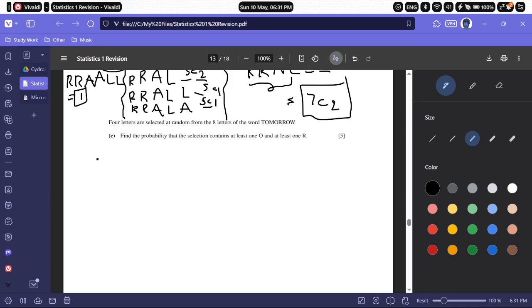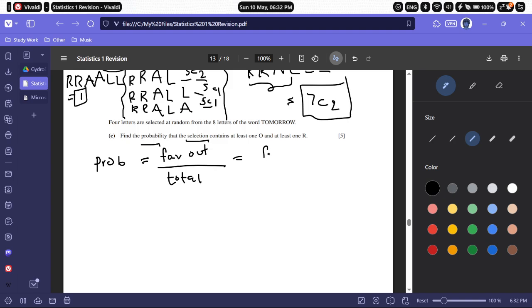Whenever you're dealing with probability, you usually define it as all the favorable outcomes divided by the total number of outcomes. Now, in probability, you're dealing with selection, so you can actually define probability in terms of combinations as well.